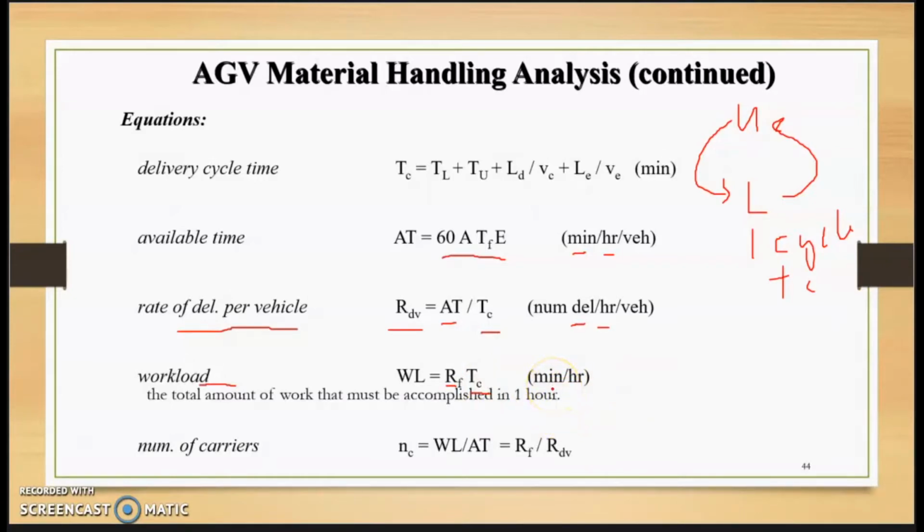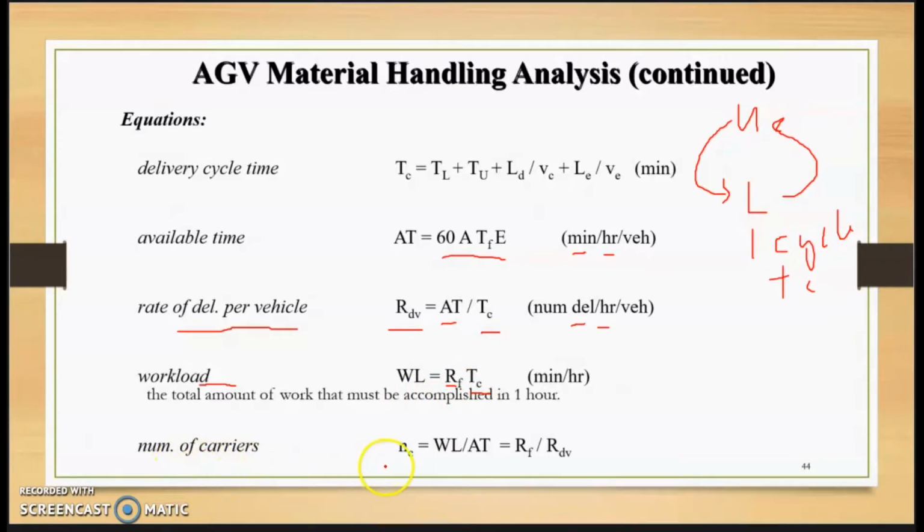The unit is minutes per hour. It is the amount of work that must be accomplished in 1 hour, and RF is the deliveries per hour.